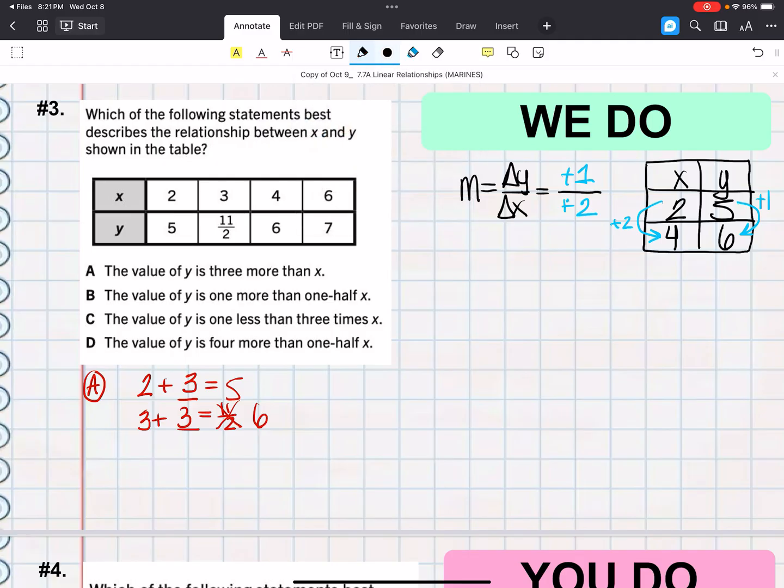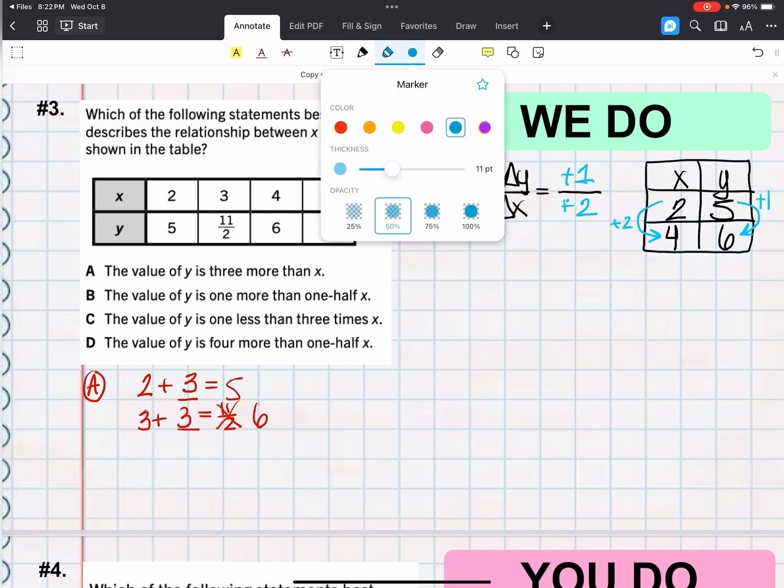The value of Y is 1 more than 1/2 of X. Now, notice how we talked about the rate of change being 1/2. And I can already see in answer choice B that it's giving me my 1/2.